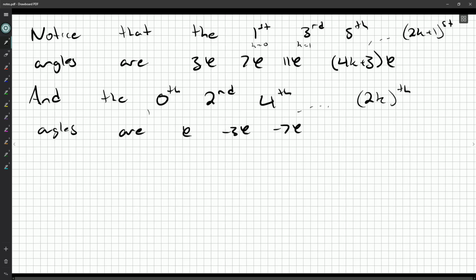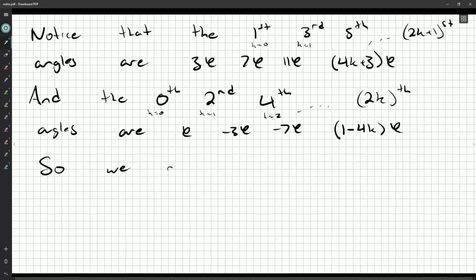So here's k equals 0, k equals 1. 1 minus 4k phi? Yeah, 1 minus 8 is negative 7. Yeah, okay, good. Alright.